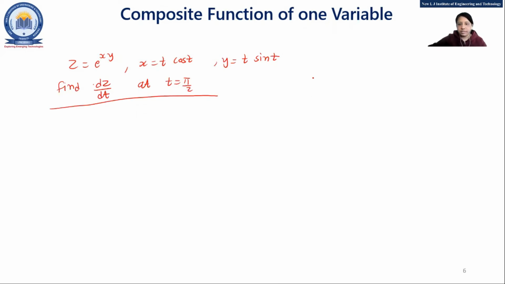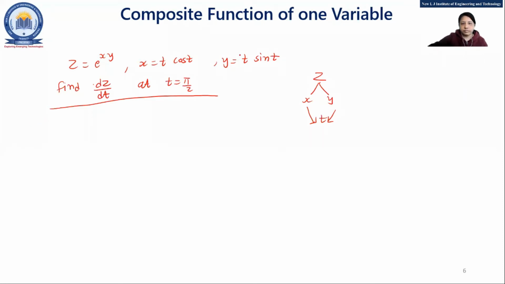Now you can see that z will depend upon two variables, x and y. Now x and y both depend upon t. So if you want to find dz by dt, again these are the two parts, a composite function of one variable.